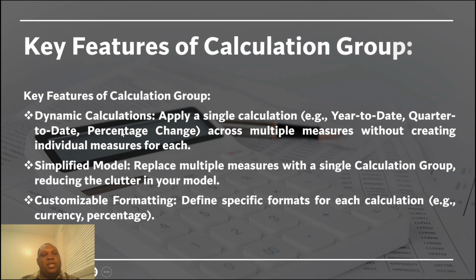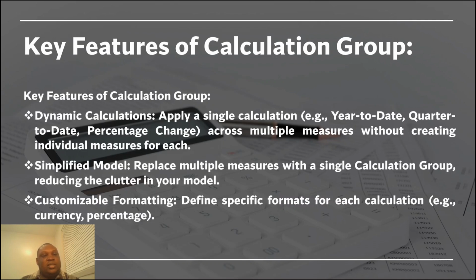Now, what are some of the key features of calculation group? Number one, dynamic calculations. You can apply a single calculation across multiple measures without creating individual measures for each. For example, you want to see your year-to-date total sales, your year-to-date total cost, your year-to-date profit, right? Your quarter-to-date total profit, total sales, and all of those kinds of things, right?